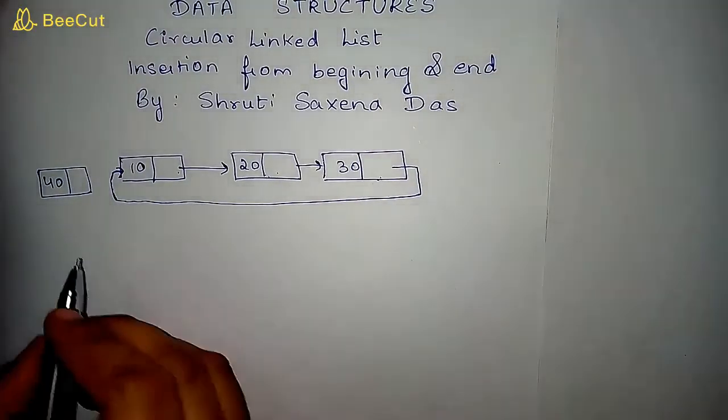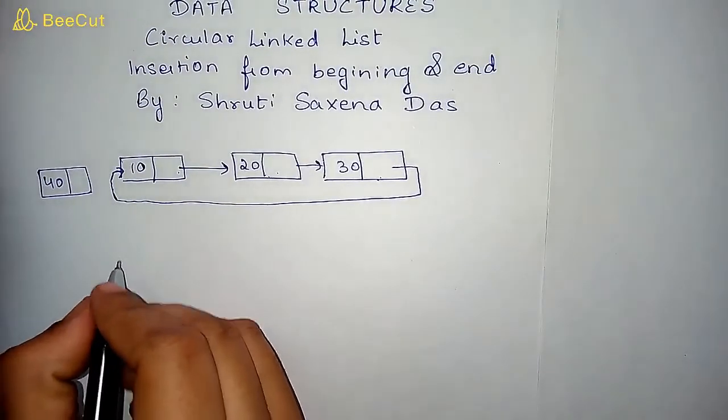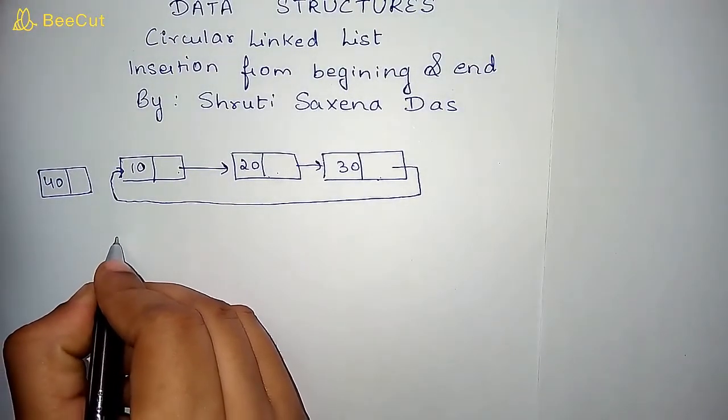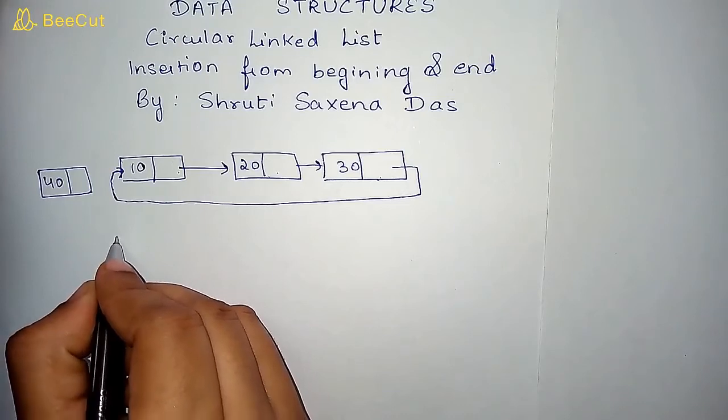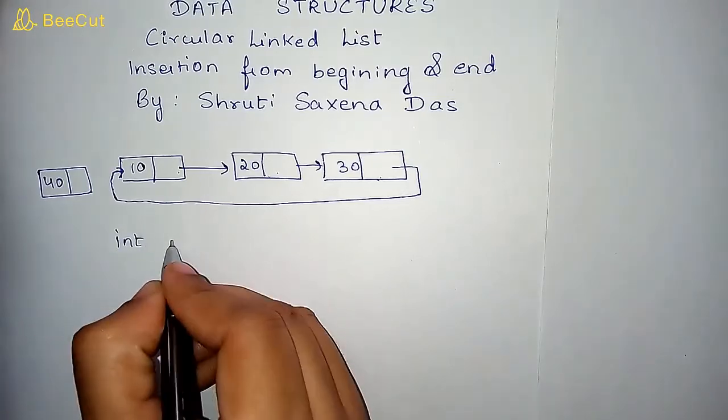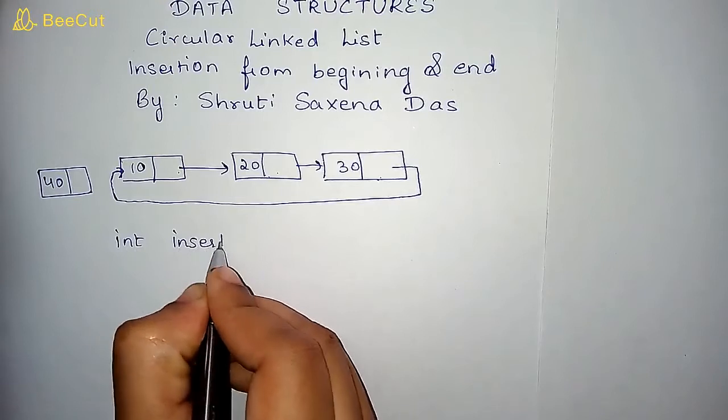I'll discuss insertion at the beginning in a circular linked list. We'll write the function, function name, suppose insert at beginning.